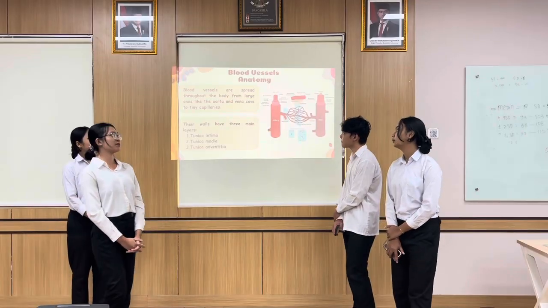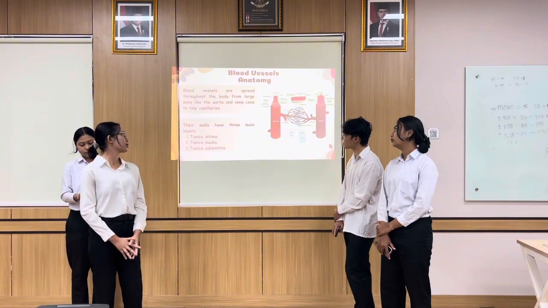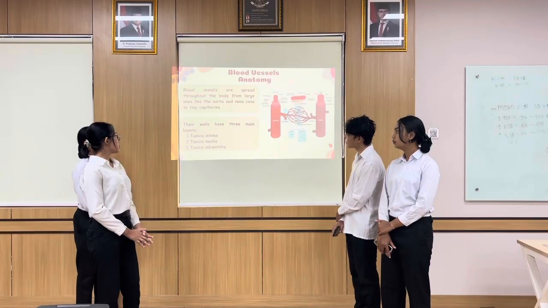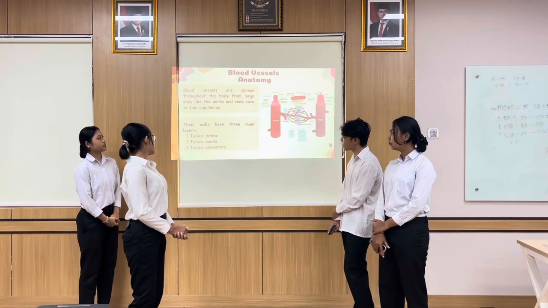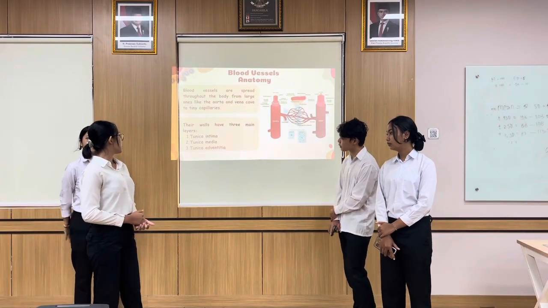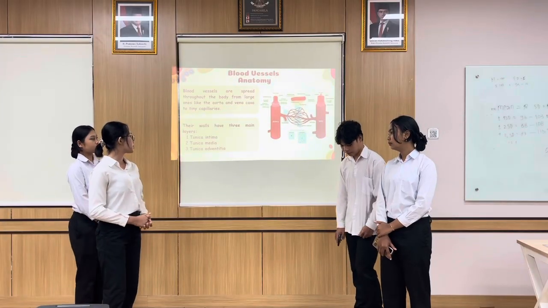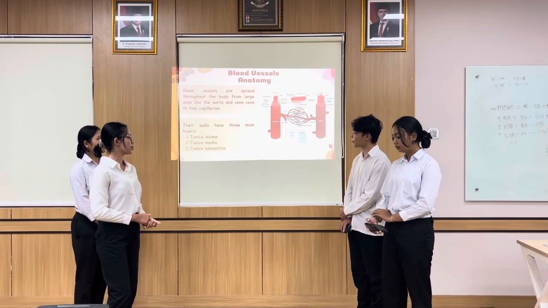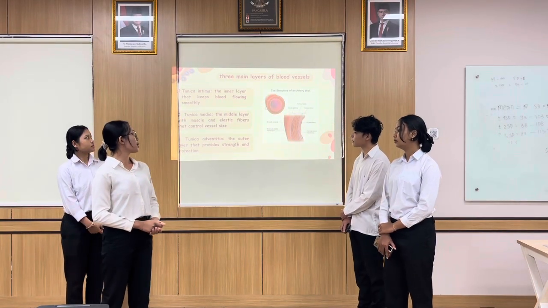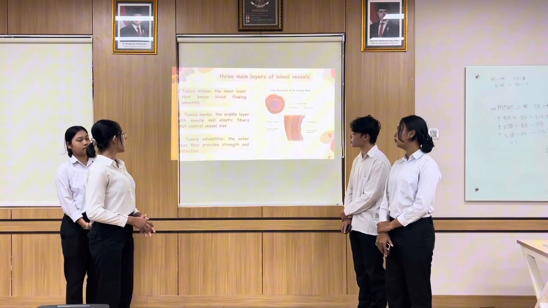Okay, the next one is blood vessel anatomy. Blood vessels are spread throughout the body from large ones like the aorta and vena cava to tiny capillaries. Their walls have three main layers: tunica intima, tunica media, and tunica adventitia. The first one is tunica intima.